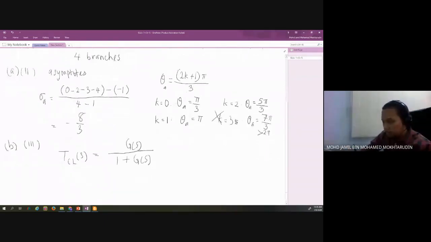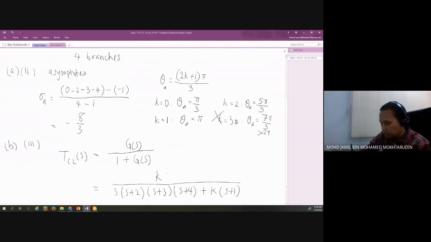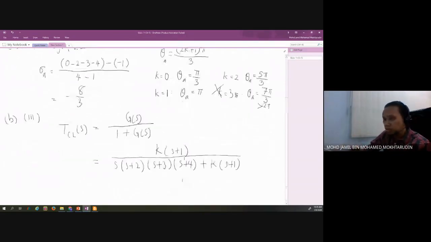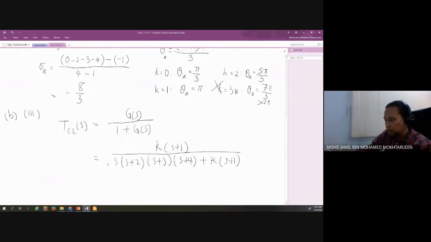So here you can straight away simplify, it becomes K times (s plus 1) over (s plus 2)(s plus 3)(s plus 4) plus K(s plus 1). To use the Routh criteria, you need to take the denominator.